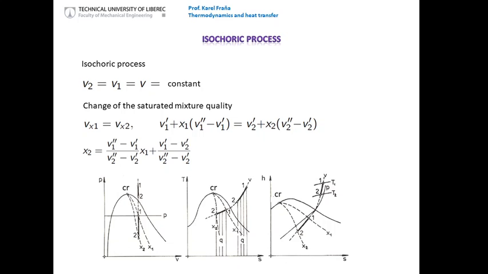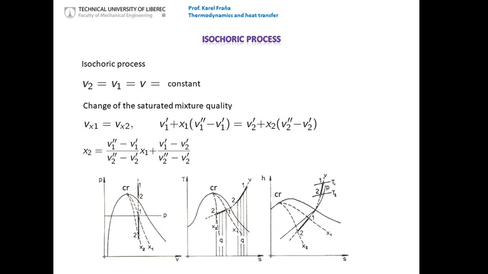The slope of the line indicating the isochoric process is completely different for the superheated area and for the mixture area. The saturated mixture area you can find between the lines below the critical point. I have already told you last time where the saturated mixture area is.